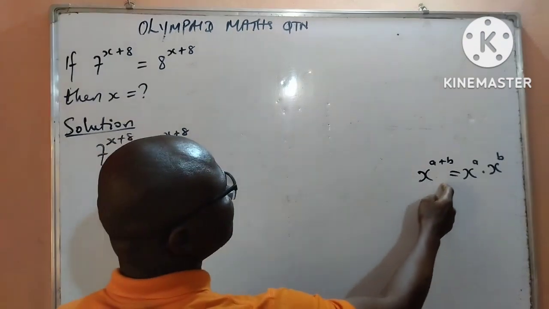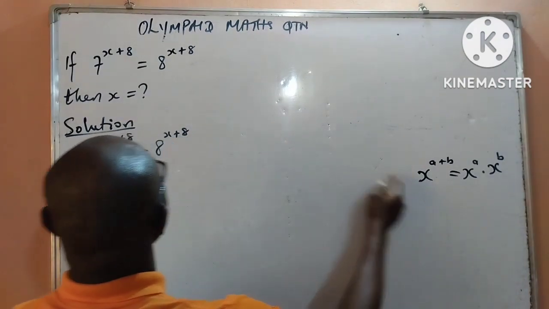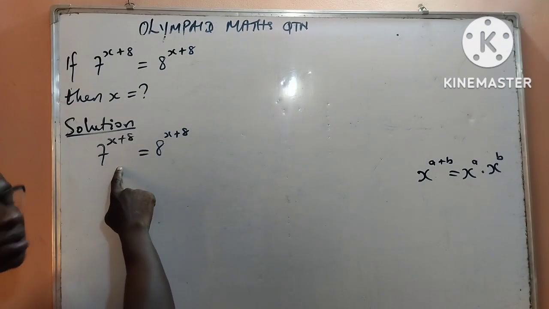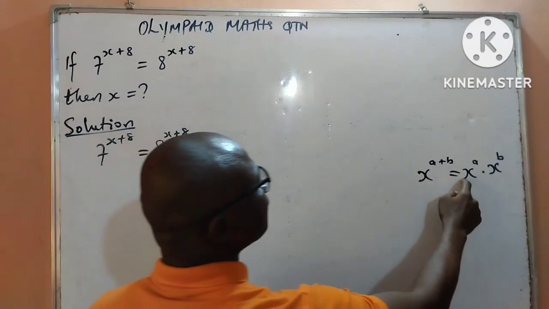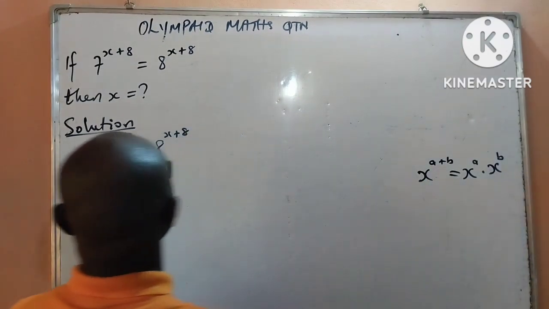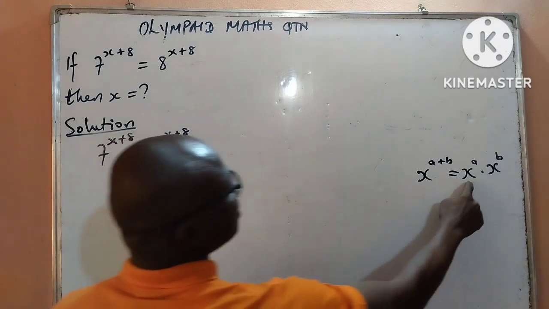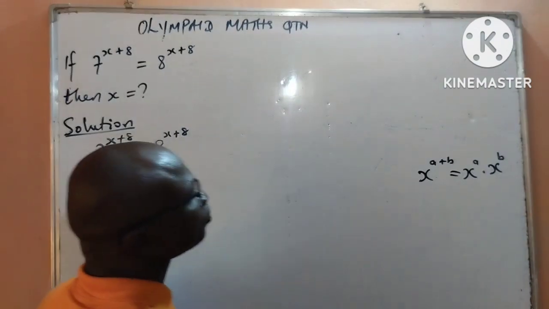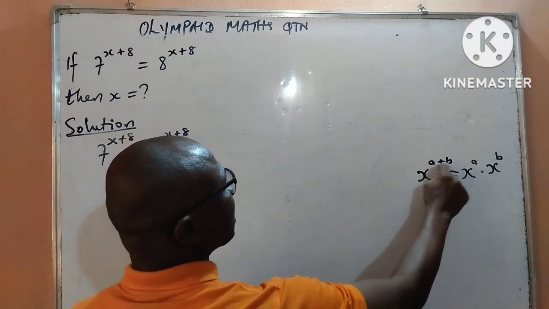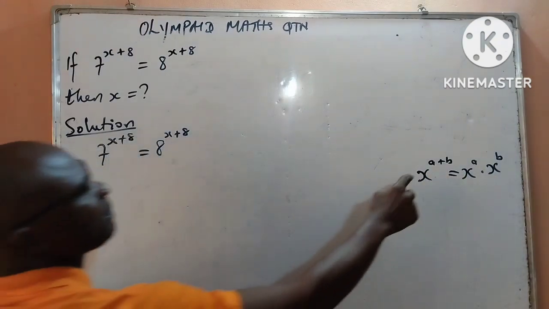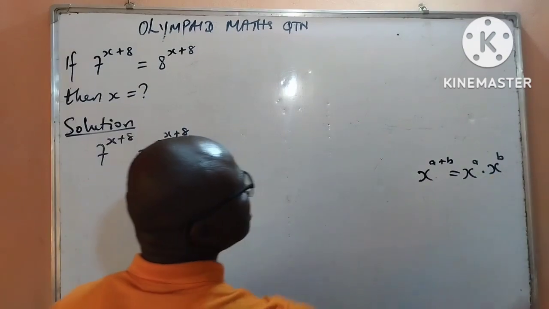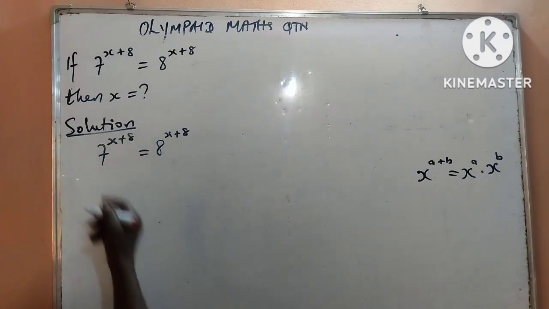The left-hand side is as it is given in the question, so we are going to write it in the form of the right-hand side. When the bases are equal, we can simply add the powers, and when the powers are added, you can simply separate them by multiplication.